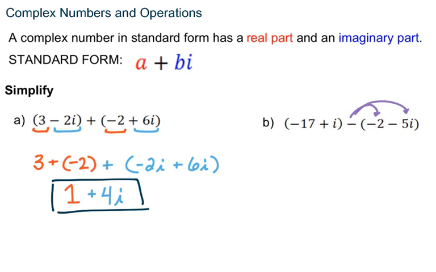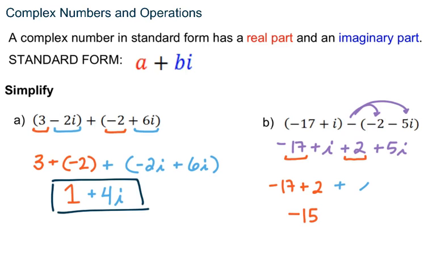So in this situation, what I now have is -17 plus i plus 2 and plus 5i. At this point, I'll just add my real parts, -17 plus 2, that is -15, and i plus 5i will give us plus 6i.